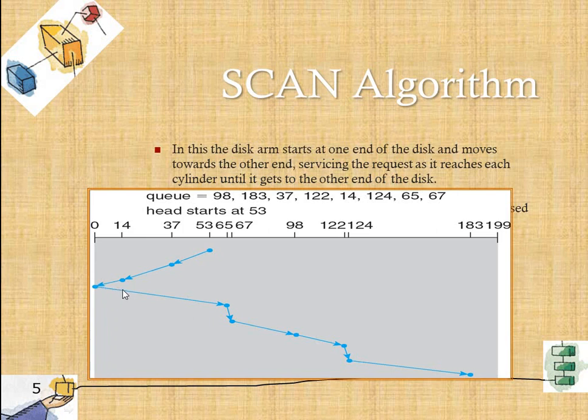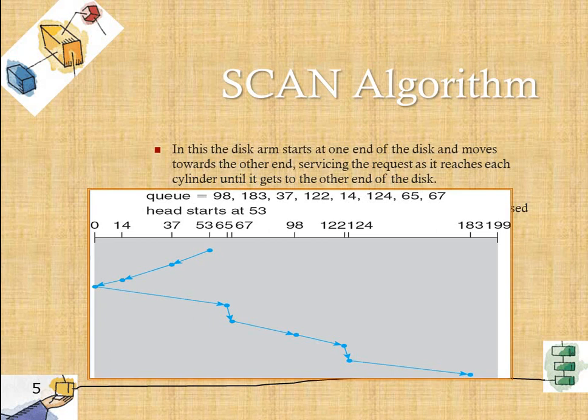On the right hand side, the request that is left is 67. Then we go from 65 to 67, from 67 to 98, from 98 to 122, from 122 to serve the request of 124, and finally to 183. So this is how my requests are fulfilled.